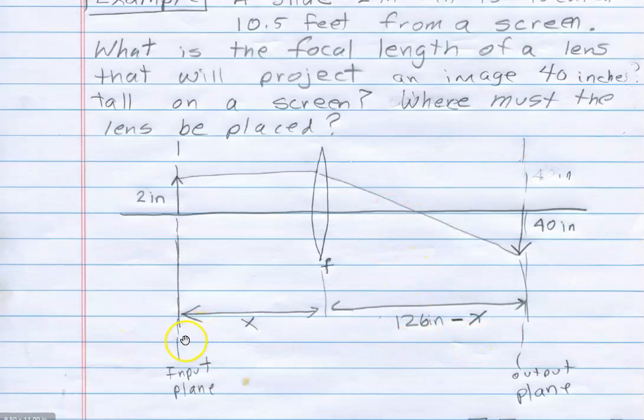So if this total distance from the slide to the screen is 126 inches, which is 10.5 feet, then the rest of this distance, and well, I don't know how far to place the slide from the lens, but I'll just call that x, as I don't know it. And then the rest of this 126 inches has to be 126 minus x, so that the sum of these two add up to be the 10.5 feet.